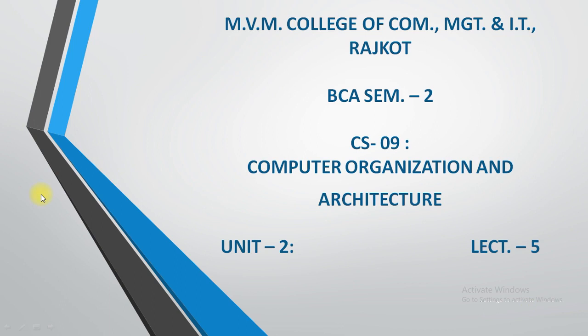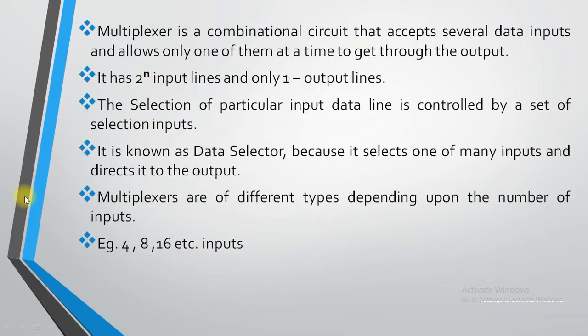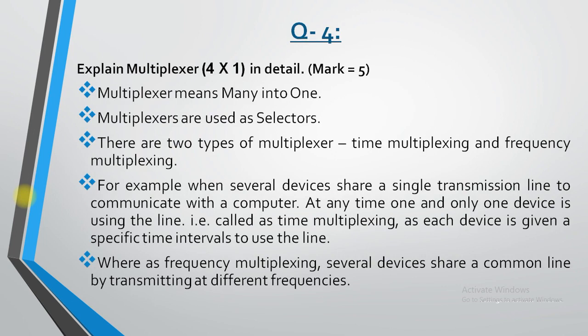Now the multiplexer concept is nothing but many to one, right? Now see, there are two types of multiplexing: time division multiplexing and frequency division multiplexing.